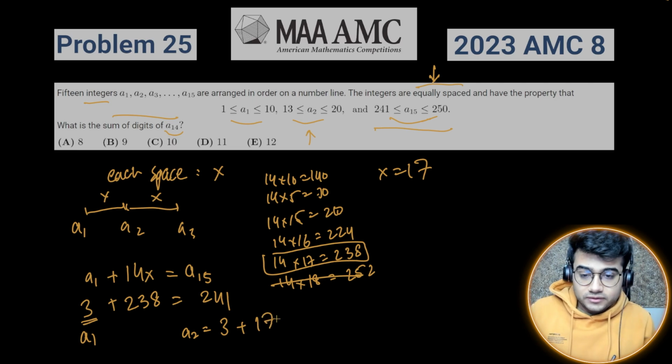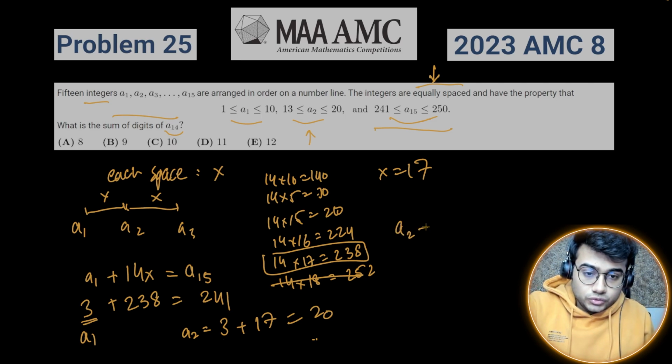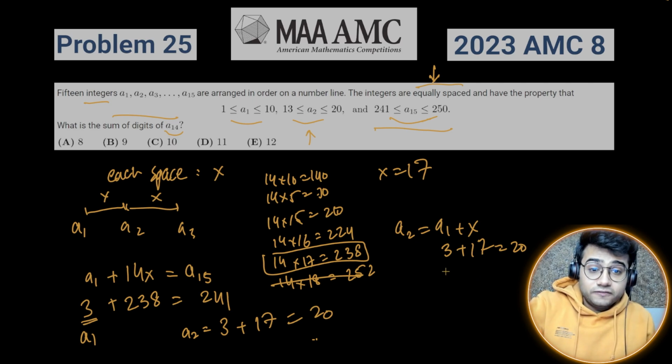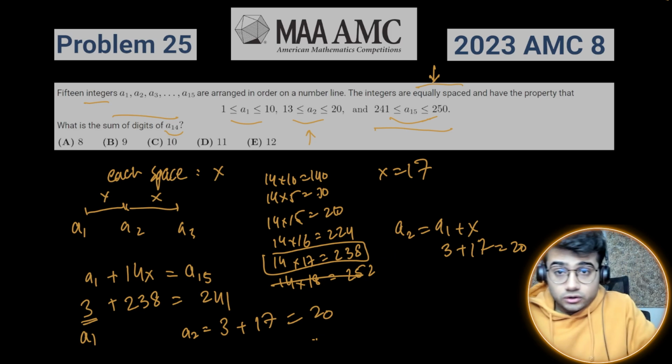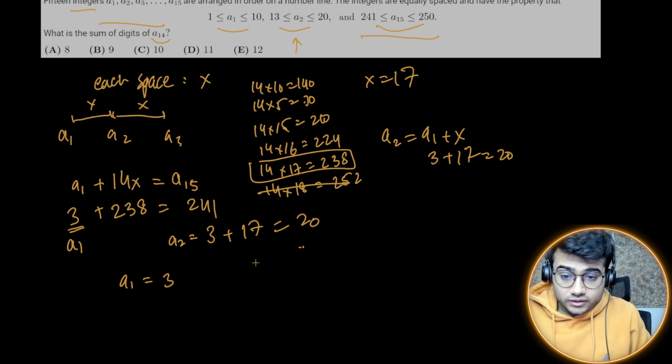So a1 plus 17, which is 20, and that's actually the maximum possible value of a2. So a2 equals a1 plus x. If the minimum possible value of a1 is 3, that gives us 20 as the value of a2. But if we increase a1, let's say we take it to be 4, well, then a2 gets out of range. So now we know for sure that a1 is 3.